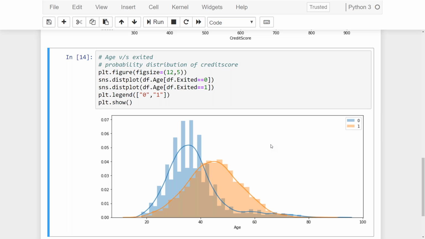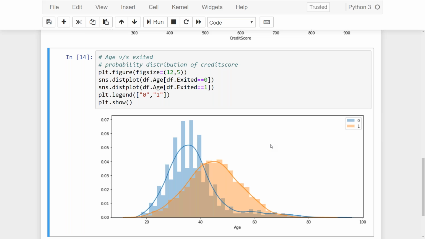Okay, so that's the idea so far about the age part. With this, can we say that age is an impacting feature and credit score is not an impacting feature, right?